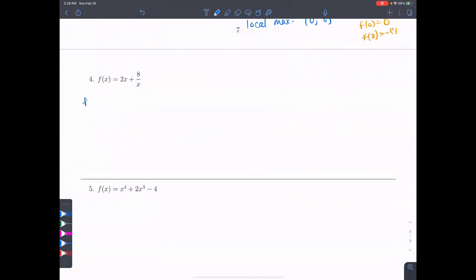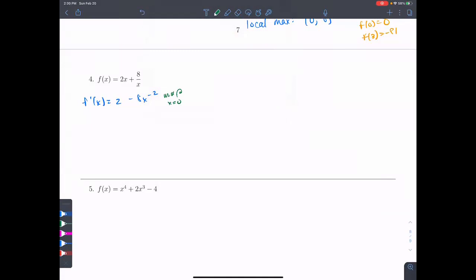Number 4, f prime of x would be equal to 2 minus 8 times x to the -2, which is undefined at x equals 0. And then we would set the whole thing equal to 0.